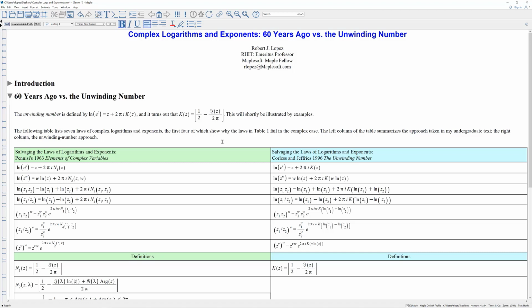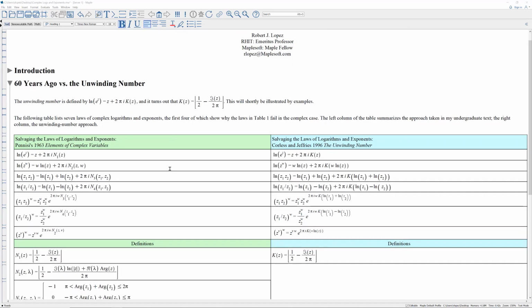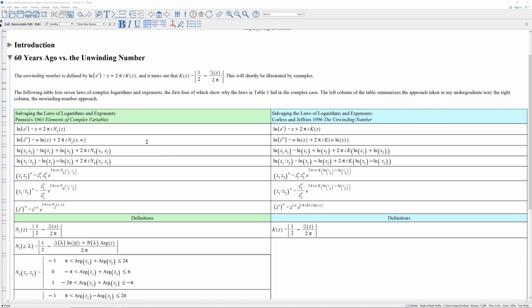And in this table that you see in front of you, on the left we have the old way, and on the right we have the new way, and that's what I'm going to contrast. So here on the left we have the tableau that I extracted from this 1963 undergraduate textbook that I studied out of.